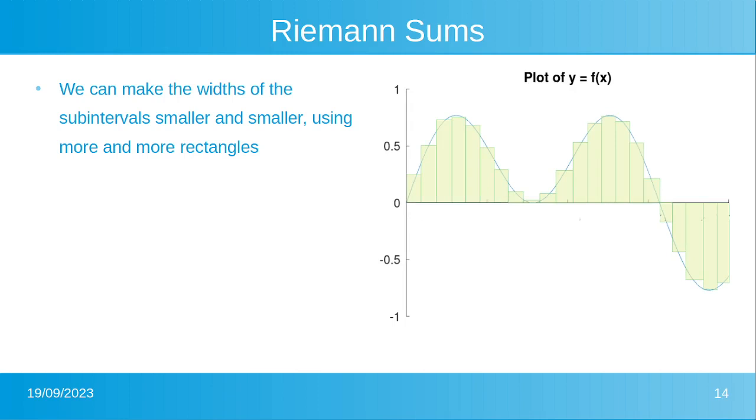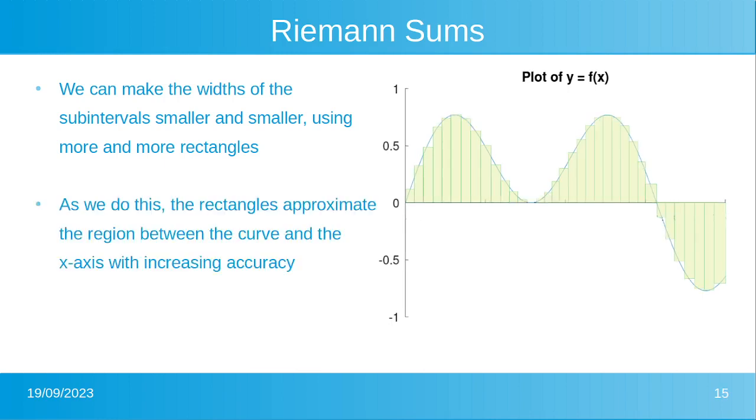So now we have shorter subinterval lengths and a larger number of rectangles. And we can do this again. We can shorten our subinterval lengths further, and use an even larger number of rectangles. And as we do this, watch how the rectangles approximate the region between the curve and the x-axis.